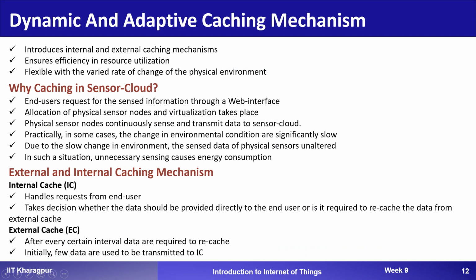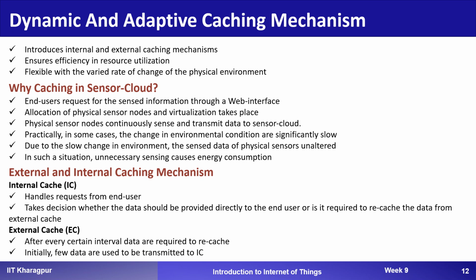Due to the slow change in environment, the sensed data of the physical sensor remains unaltered. In such a situation, unnecessary sensing causes energy consumption, and in order to prevent that, you need to cache the data. So now this caching is of two types.